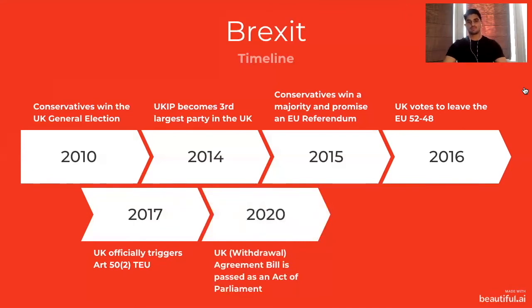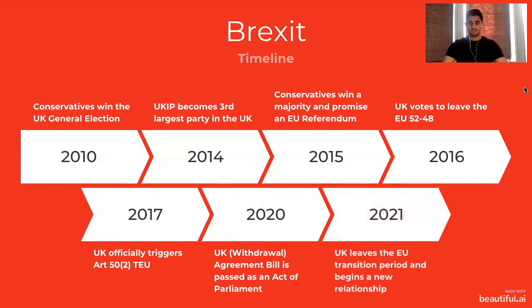I mean, it is one of the biggest news stories and probably one of the longest that's existed since the turn of the new millennium in the UK. And finally, in 2021, the UK left the EU transition period and began a new relationship. So now the UK was no longer a member of the EU, but would interact with the EU as if it was a separate entity.